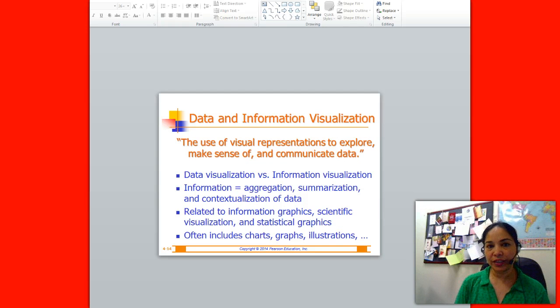Data visualization is the use of visual representations to explore, make sense of, and communicate data. Data visualization techniques and tools make the users of business analytics and business intelligence systems better information consumers.